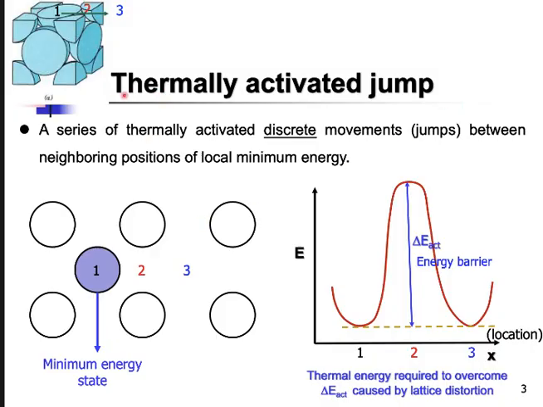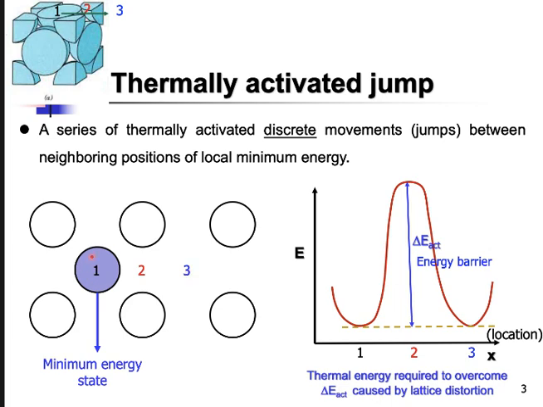So now let's move to the first section, the thermally activated jump, where the atoms only have thermal energy. So what is a thermally activated jump? A series of thermally activated discrete movements or jumps between neighboring positions of local minima energy. So for example, we have some atoms here, and location 1, location 2, and location 3.